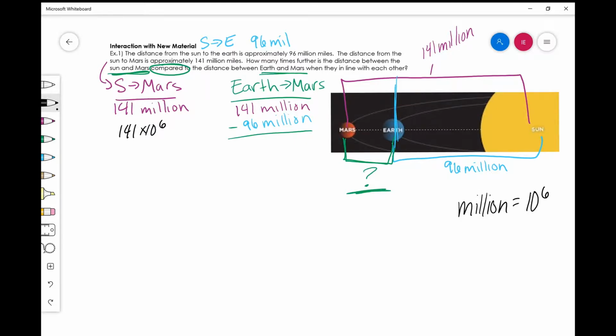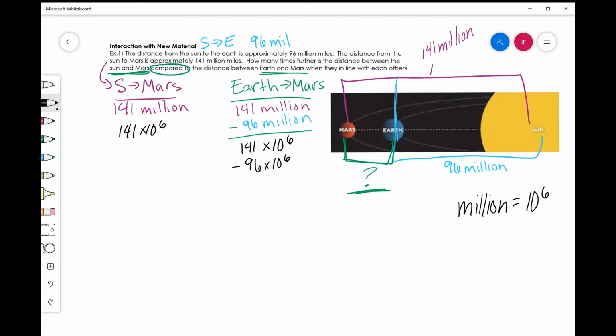In my subtraction, I can say 141 times 10 to the 6th minus 96 times 10 to the 6th. Obviously, our numbers are not in proper scientific notation, but because we have the same magnitude in all of our values, it'll be easy to subtract and compare.